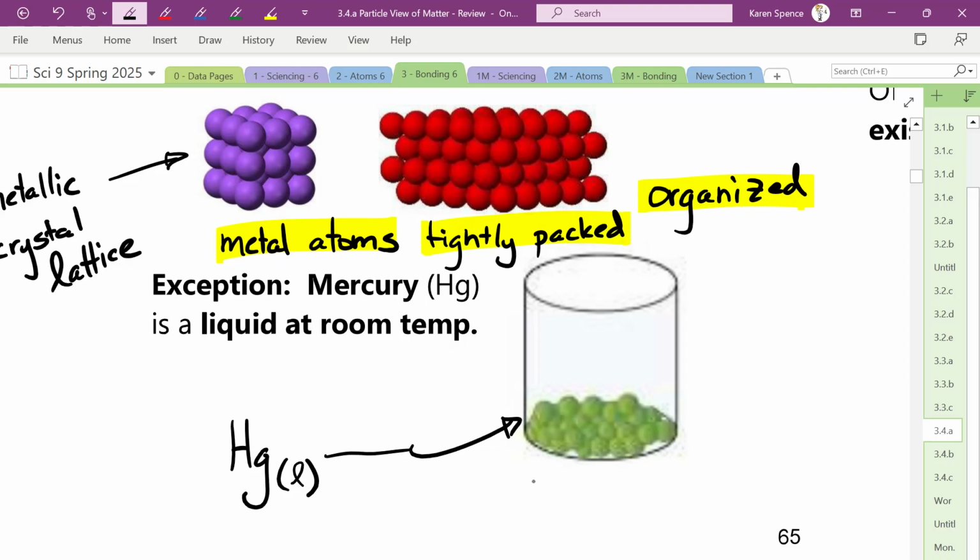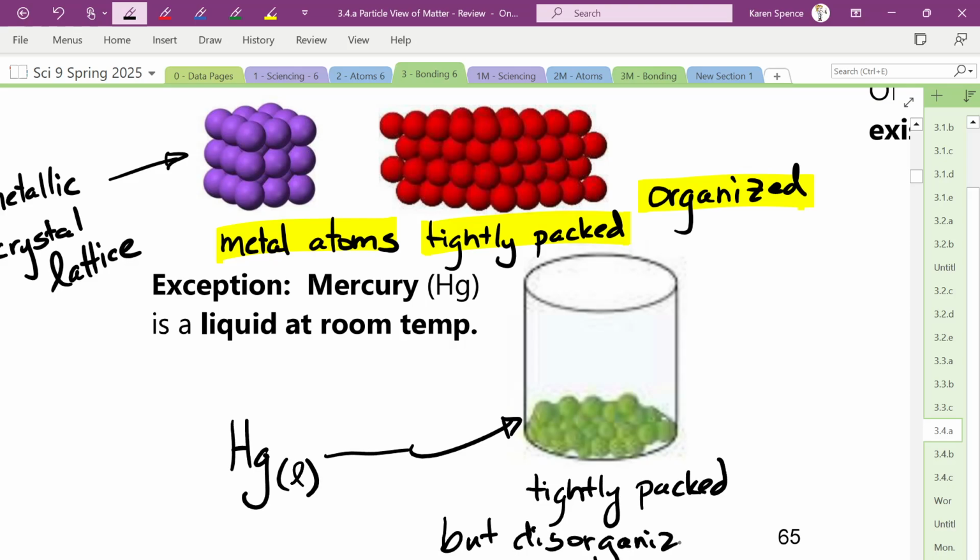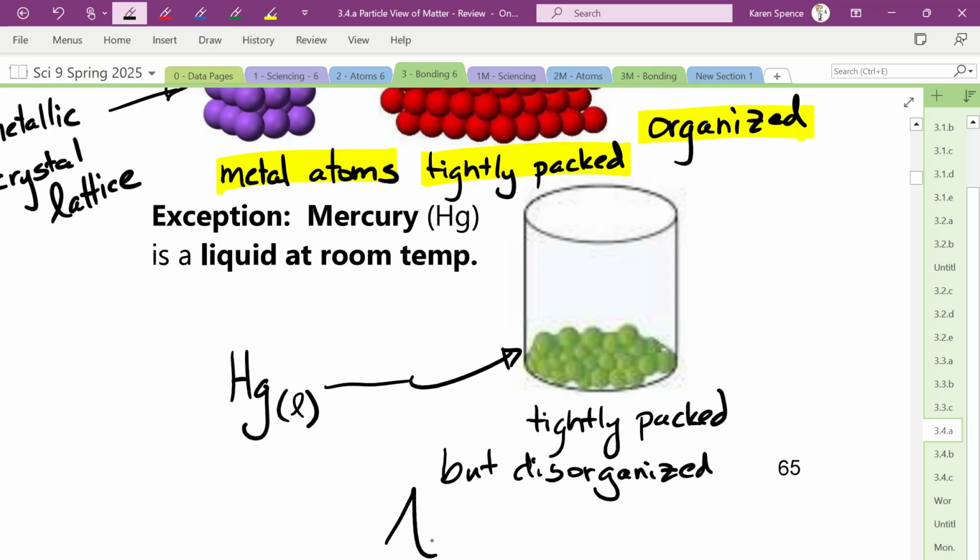The liquid is tightly packed but disorganized and mobile. What does it mean to be mobile? They can move.